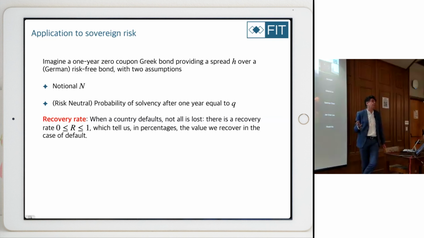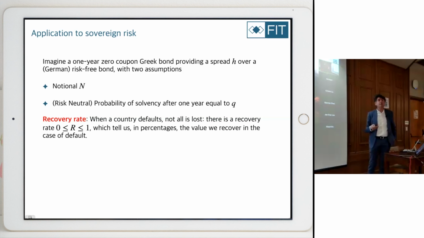The recovery could be 0 if you get nothing back. Case of, for example, many telecom companies who had just some used phones, that's all they had, who can resell CPUs, right? No assets. Sometimes you have bankruptcies with very high recovery rates.